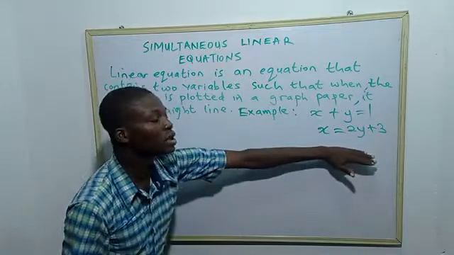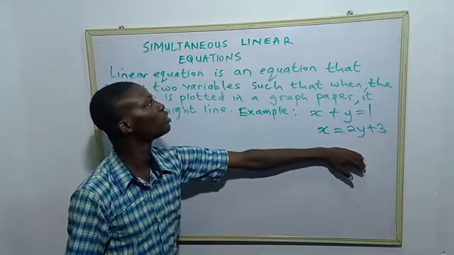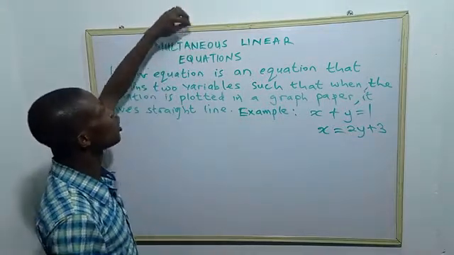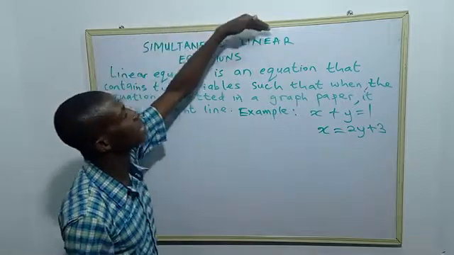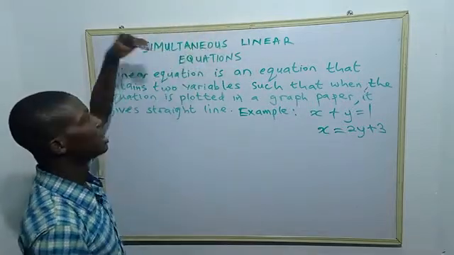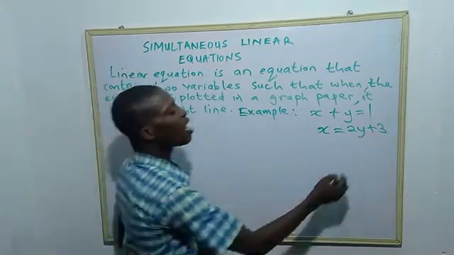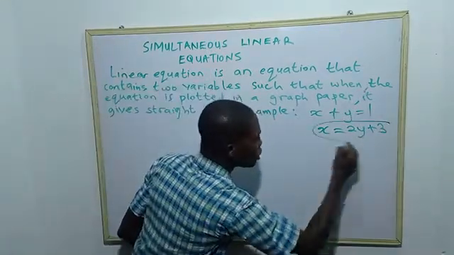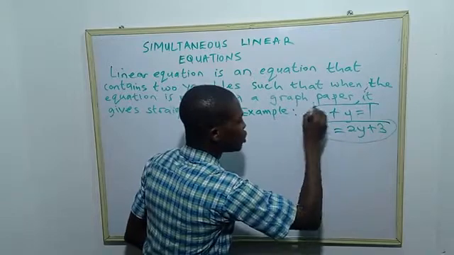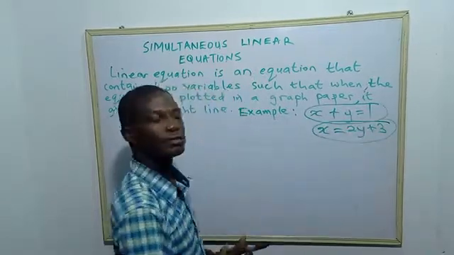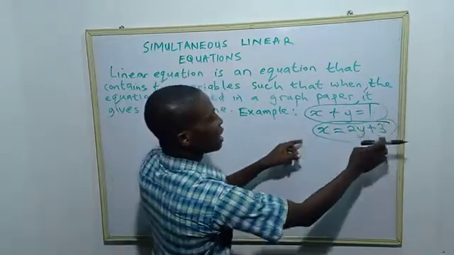And having known that, let's move on. What do we call a simultaneous linear equation? A simultaneous linear equation is when you're having two like this together to solve. You will do this one and this one.